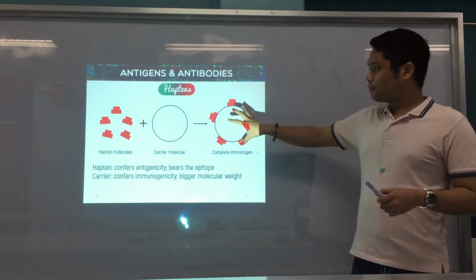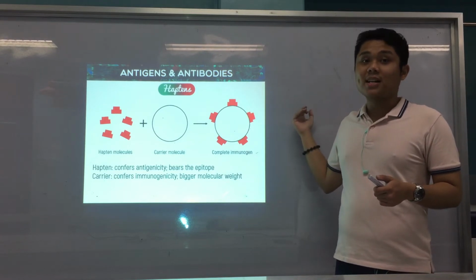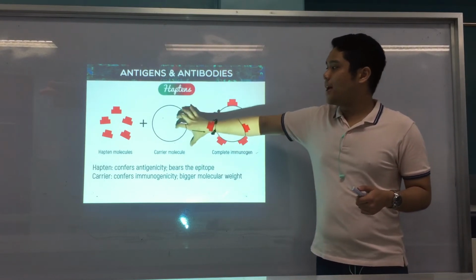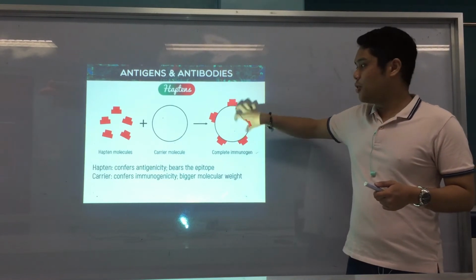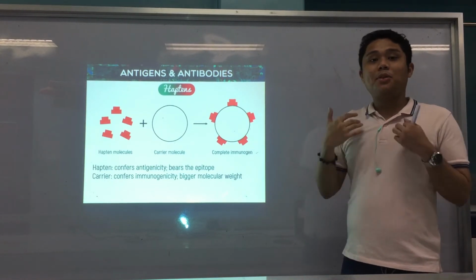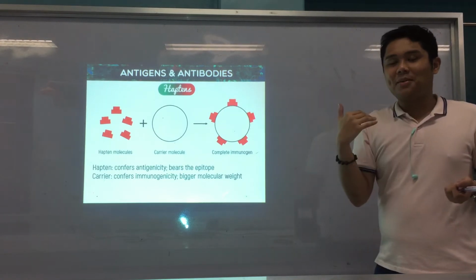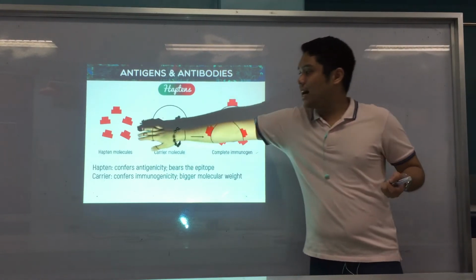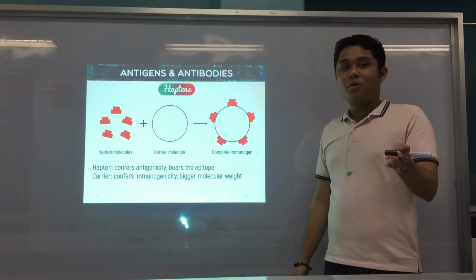So for example, with haptens, on the first encounter with your body, since the hapten is combined with a carrier molecule, it is now an immunogen and will elicit an immune response from your body. Now, let's say on the second exposure it is haptens only, without the carrier. Would there be an immune response from the body? Yes.